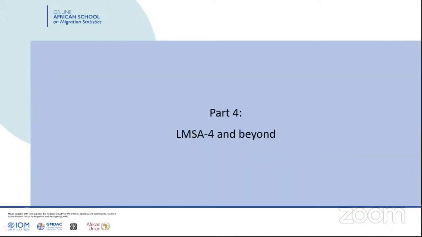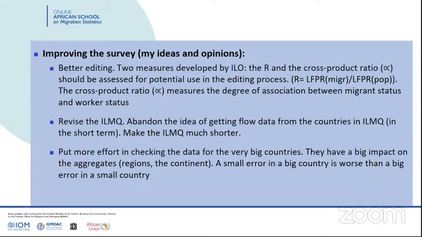Okay, very quickly, just about the future. For the next edition, the fourth edition, we have to improve a lot of things. And these are my ideas and opinions, not the opinions of any other. We need better editing.